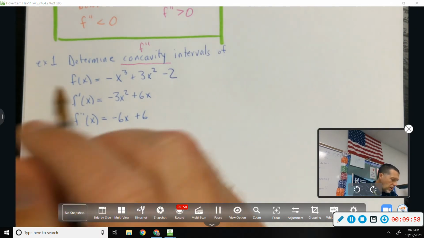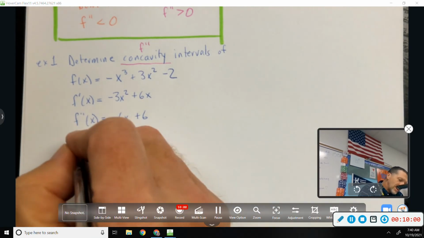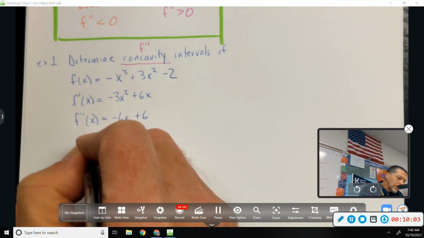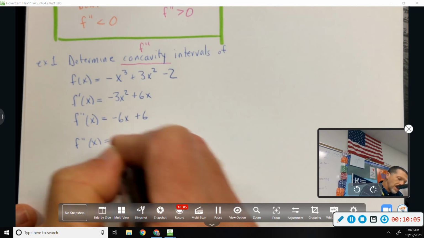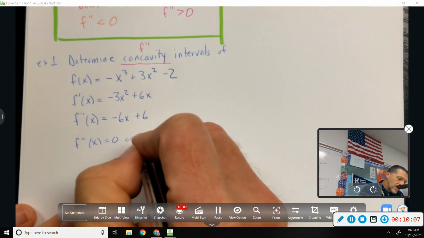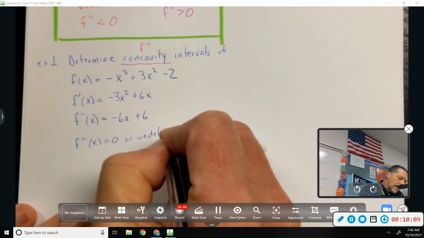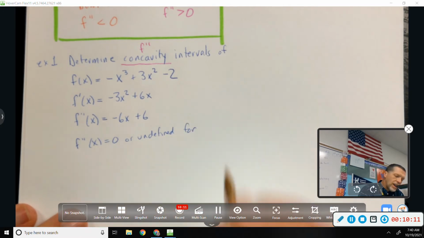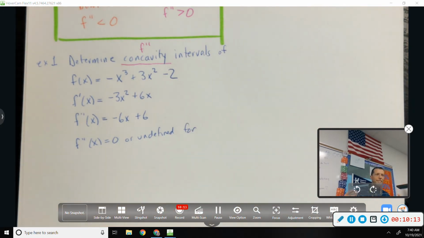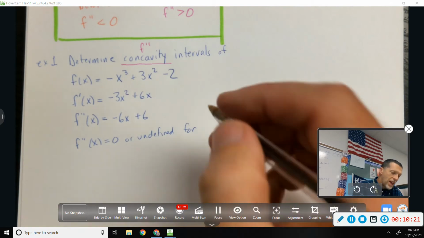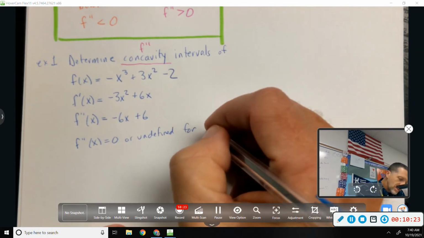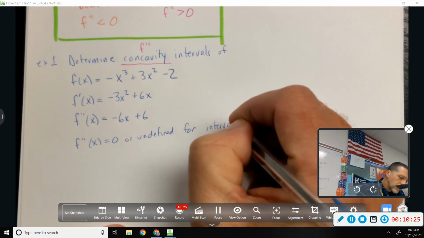Same thing here. It doesn't have a fancy name like critical number. I'm going to call it something, but it's not its official name. So important numbers or boundary markers, or interval boundaries maybe.